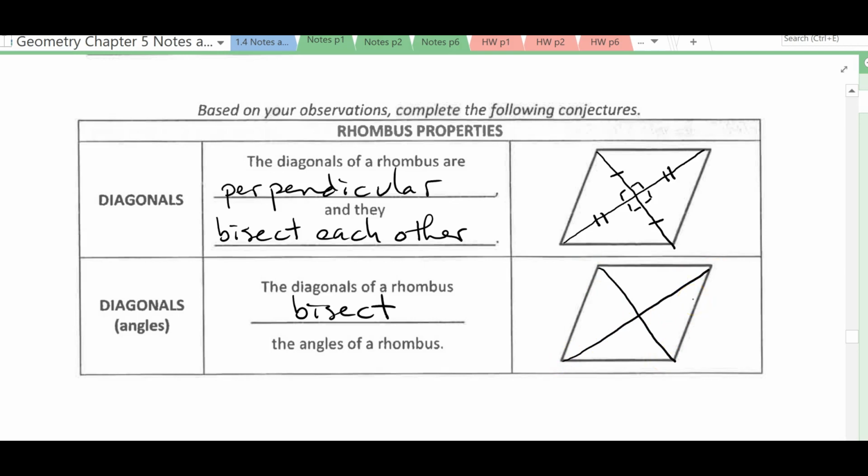That's important. That's a common mistake. But for a rhombus now, when we make all the sides congruent, the opposite angles have been bisected. So these 4 angles are going to be congruent, and these 4 angles are going to be congruent. Alright, so that's all our properties of a rhombus right now.